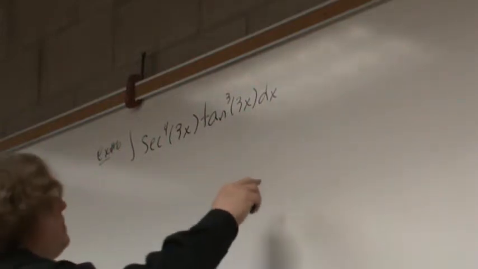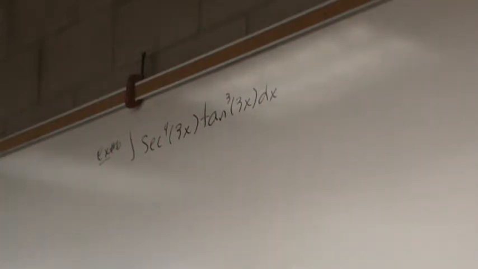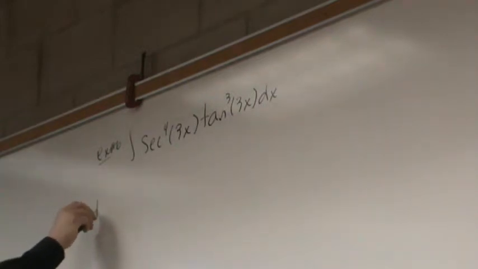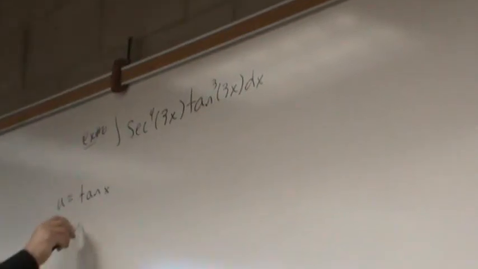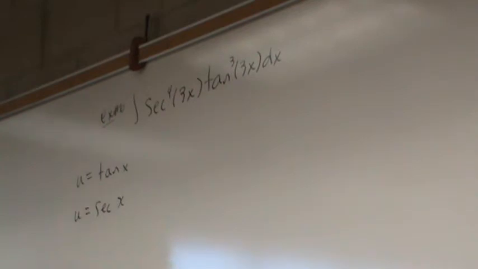Okay, great. Here's the thing. You've got two choices for your U, either tangent x or secant of x. That's all you've got. It's one of those two. And I want to say again, you're really letting the tail wag the dog.